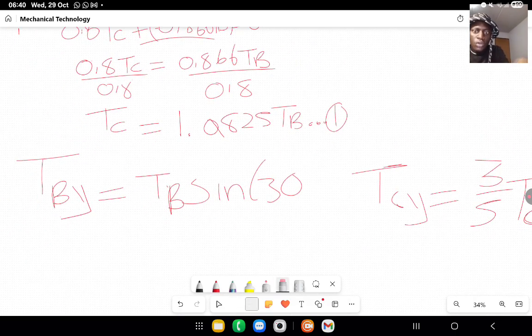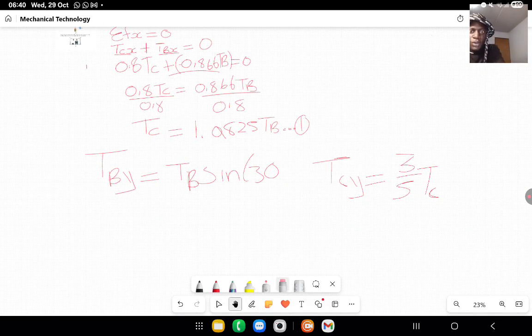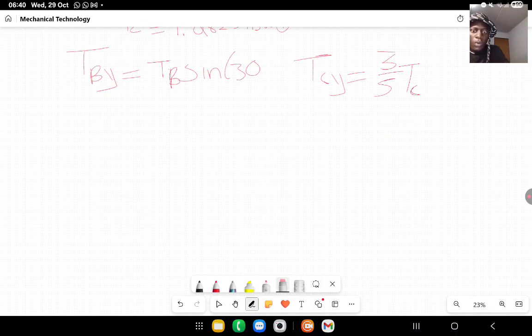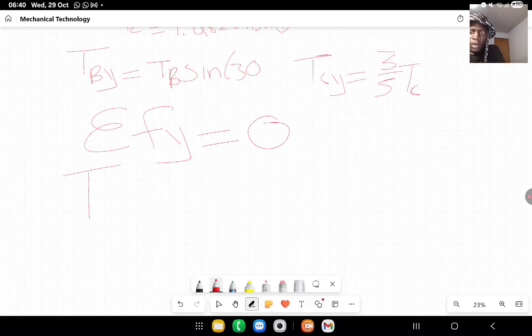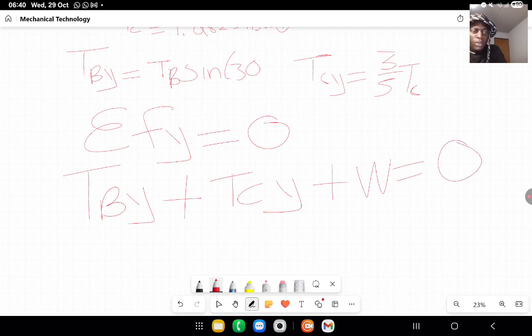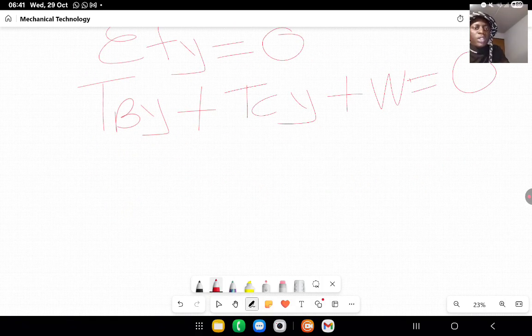So we are going to equate the two. We are going to use sum of forces at y is equal to 0. That means if we add up TBY plus TCY plus weight, it will give us 0. Even this one is on the y-axis, is going down, but it's negative. When we apply it, we will put negative.